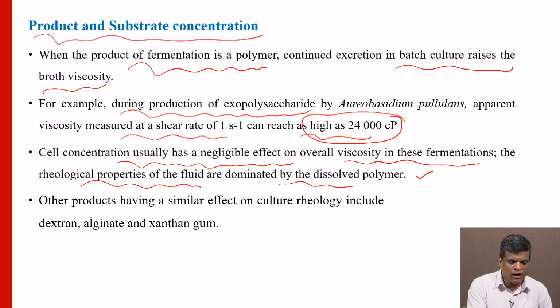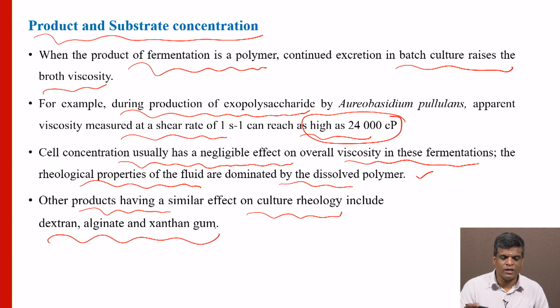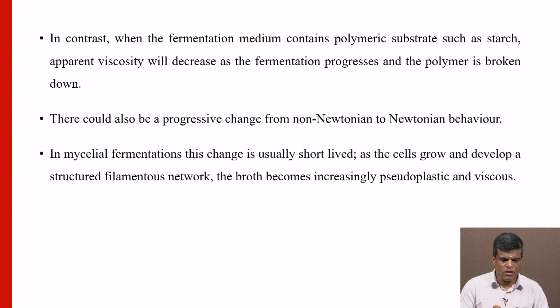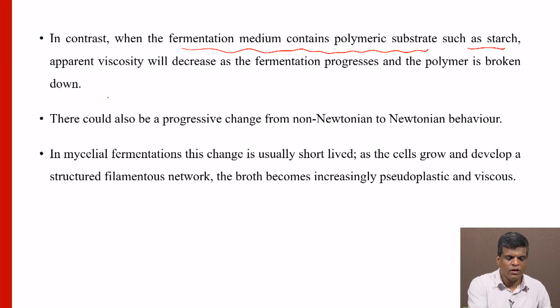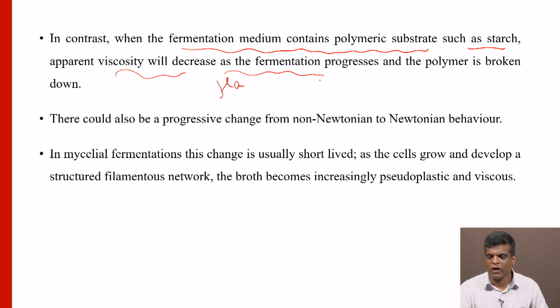Other products have a similar effect on culture rheology, including alginate and xanthan gum. Next, in contrast, when the fermentation medium contains a polymeric substrate such as starch, as already discussed, the apparent viscosity mu A will decrease as the fermentation progresses and the polymer is broken down.